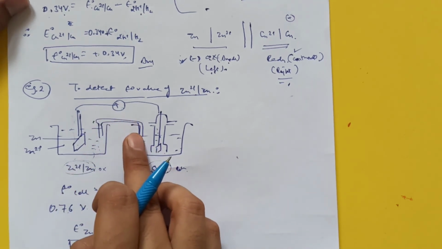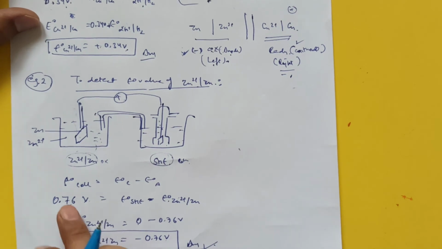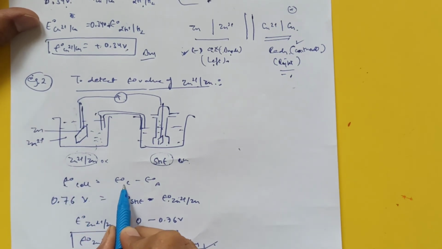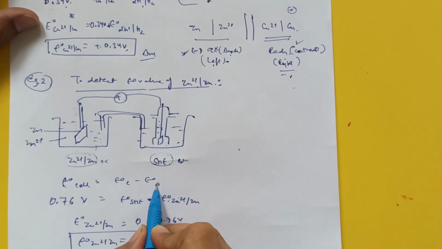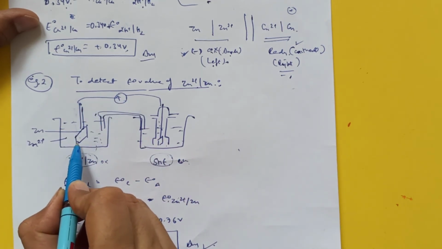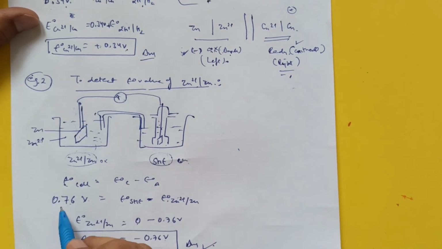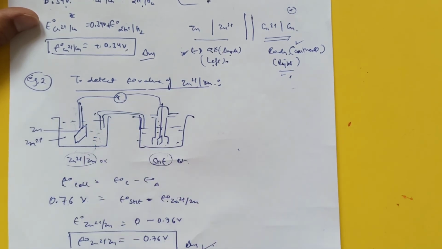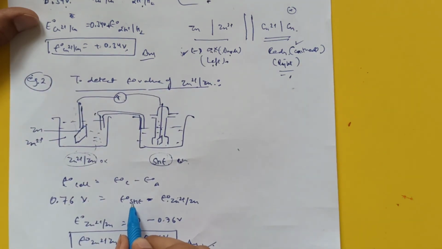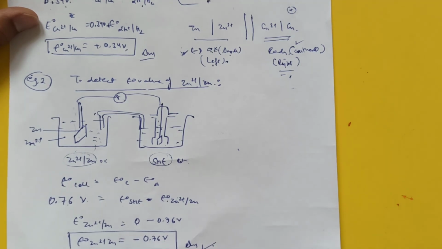We are connecting with the salt bridge and with the help of a voltmeter, and now we will write the equation E naught cell is equal to E naught cathode minus E naught anode. After connecting SHE with the zinc cell, we find the voltage to be 0.76 volt from the voltmeter. Now the value of SHE we know is 0, and the value of E naught for zinc comes out to be minus 0.76 volt.